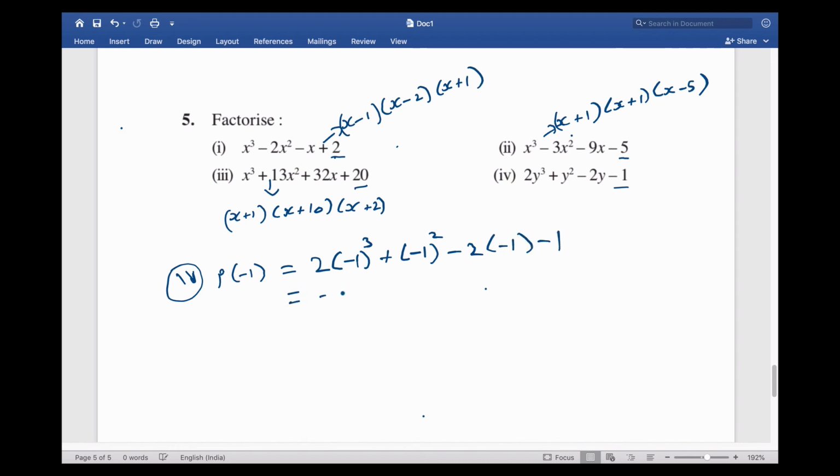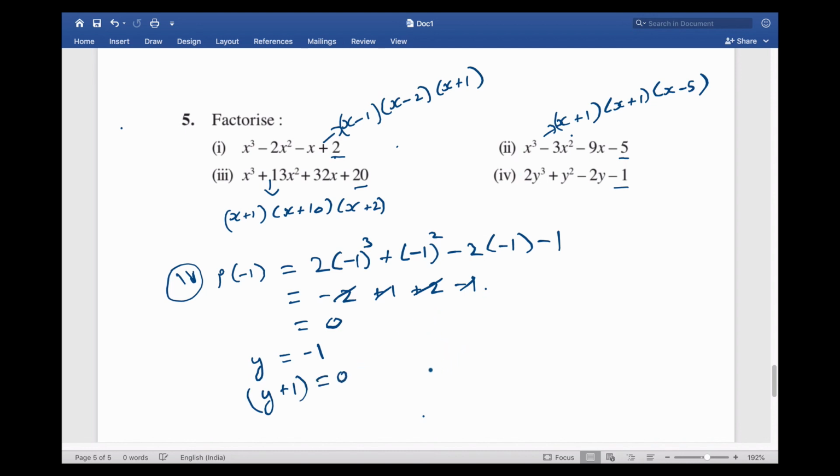So this will become minus 2. This will become plus 1. This will become plus 2, and this will become minus 1. As these are additive inverse, I'm left with 0. So this means that y is equal to minus 1 is one of the zeros, and y plus 1 is a factor for the given equation.